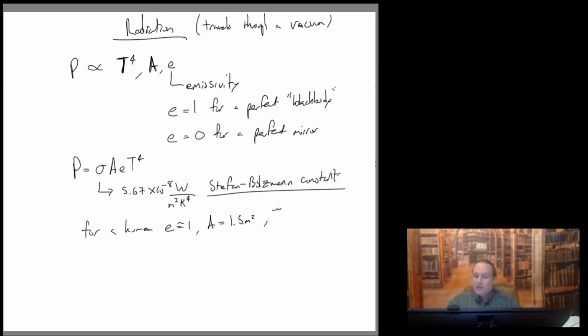The human body temperature is 37 degrees Celsius, which is 310 degrees Kelvin. We're going to see how quickly a human with these conditions is emitting energy. So the power is 5.67 times 10 to the minus 8 times 1.5 times an emissivity of around 1 times 310 to the fourth power. We get 785 watts.